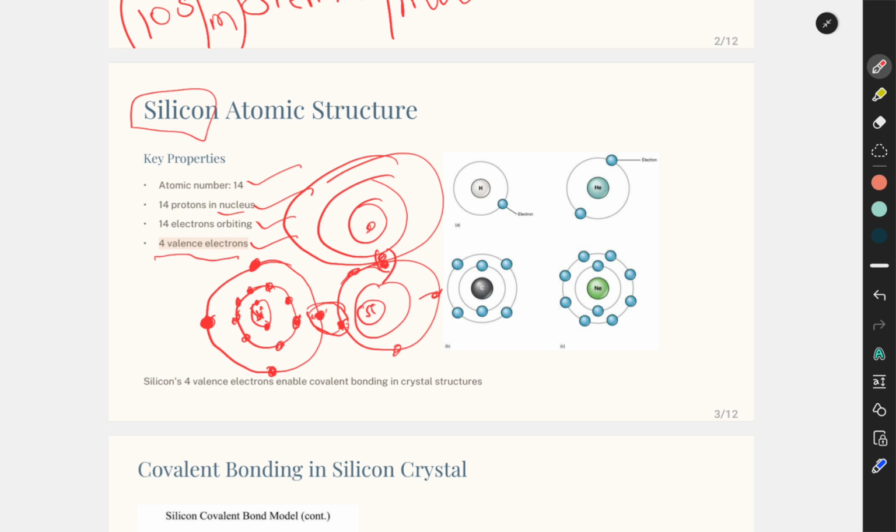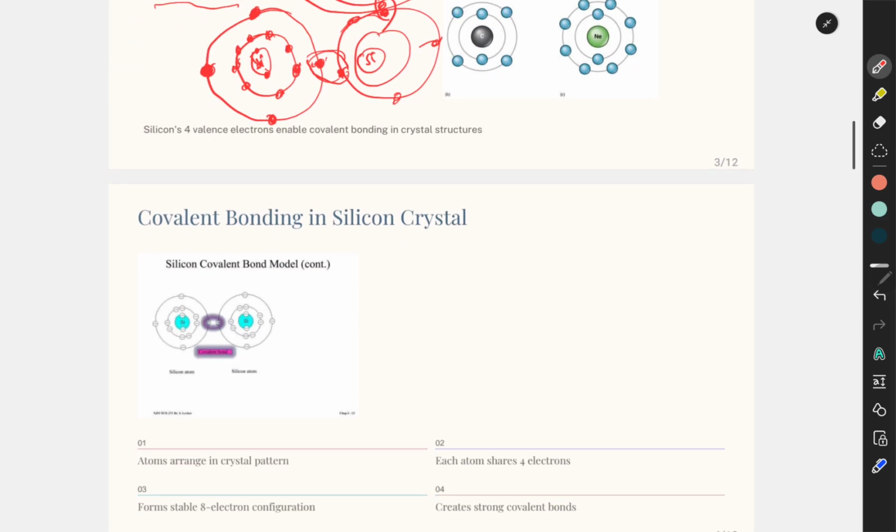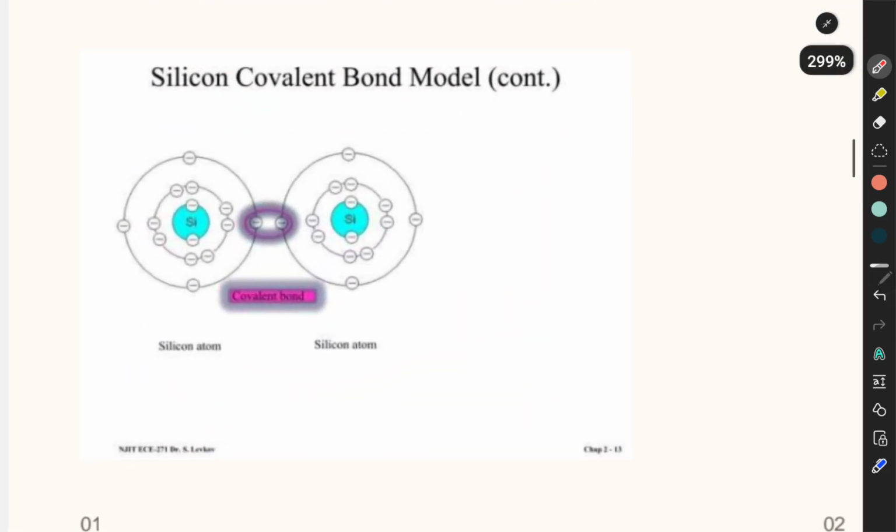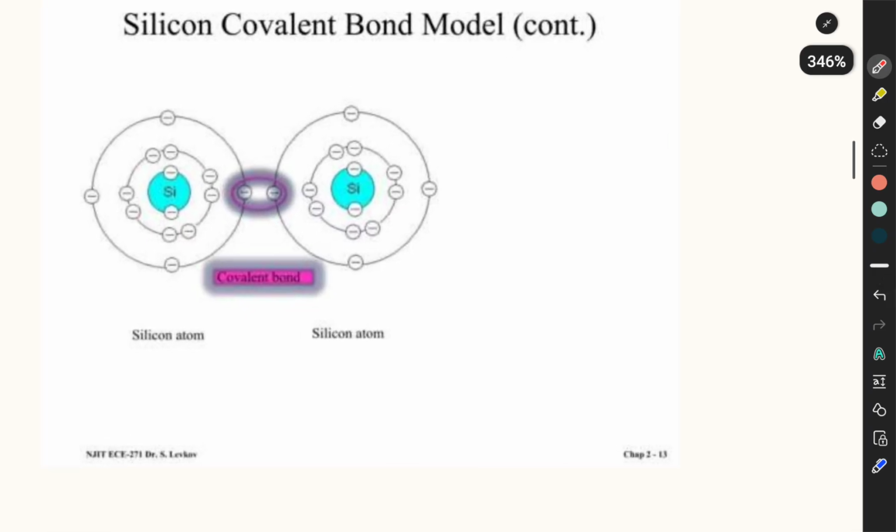And thus it forms a covalent bond. Now, let's see this silicon atoms diagram. See here, silicon atoms forming covalent bonds. You can see 1 2 3 4 electrons in the outermost orbit, and the nearest atom also will have 4. Not only a single atom, there are many atoms.